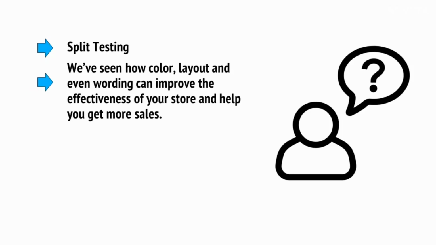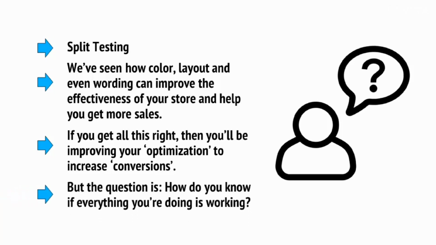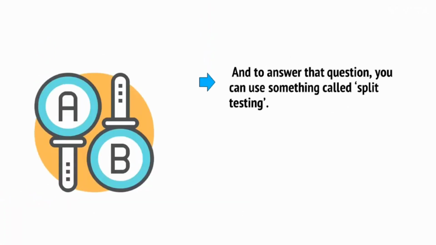Finally, there's split testing. We've seen how color, layout, and even wording can improve the effectiveness of your store and help you to get more sales. If you get all this right, then you'll be improving your optimization to increase conversions. But the question is how to know if everything that you're doing is working. And to ask that question, you can use something called split testing.